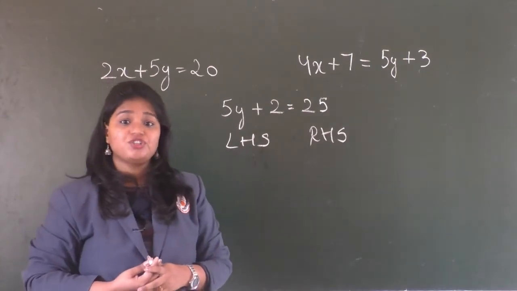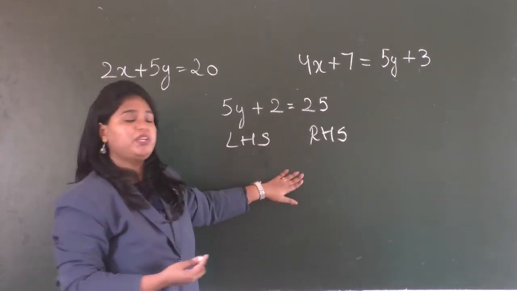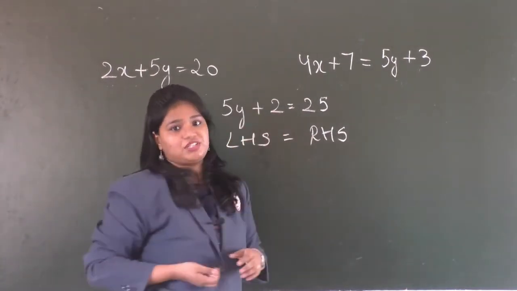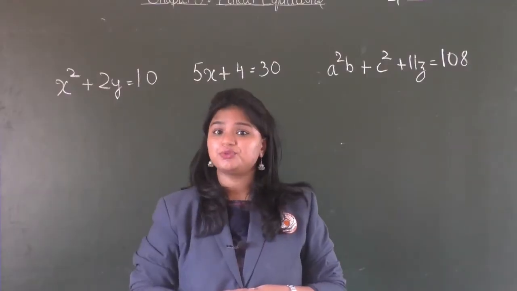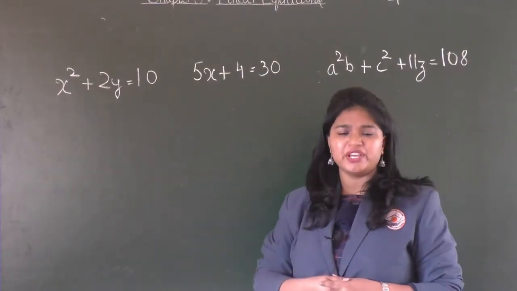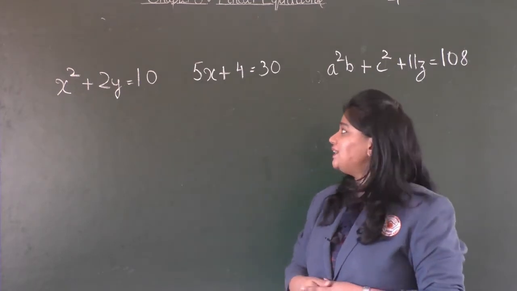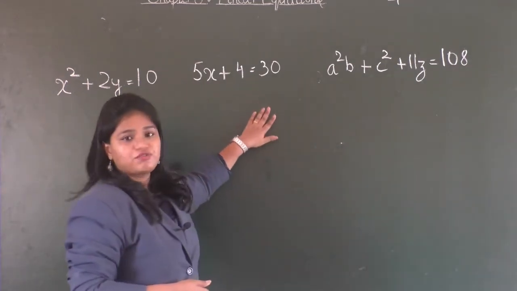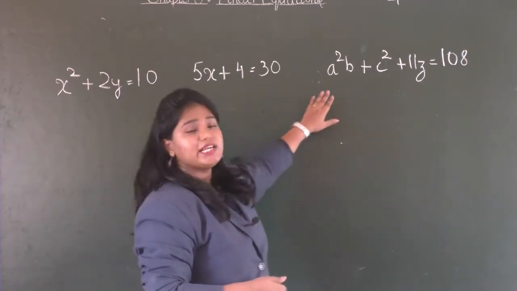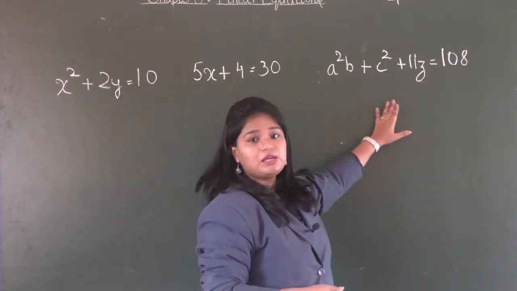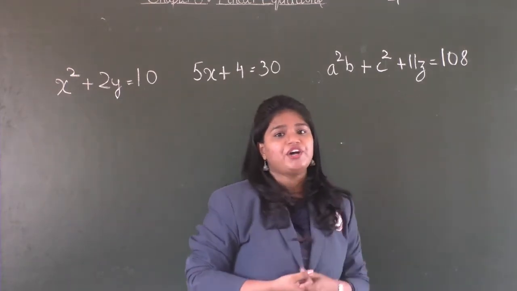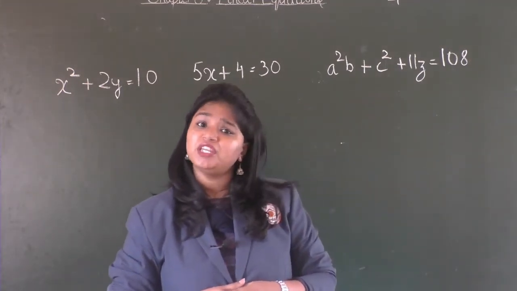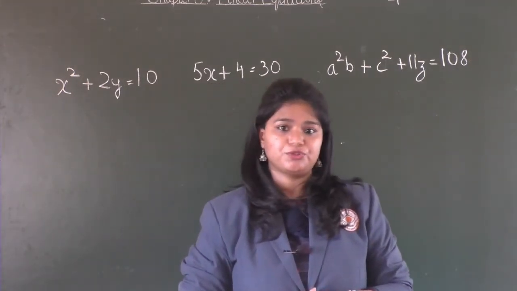So in an equation, always the LHS will be equal to the RHS. Okay students, so here we have few more examples for an equation like x square plus 2y equals to 10, 5x plus 4 equals to 30 and a square b plus c square plus 11z equals to 108. So I hope the meaning of the term equation is clear to you.